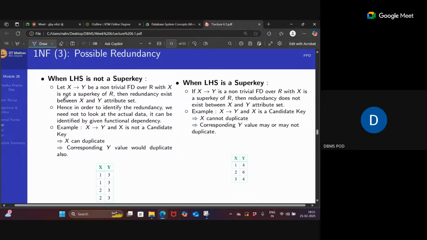So if X is not a super key but it is determining another attribute, then the redundancy will be there between X and Y.